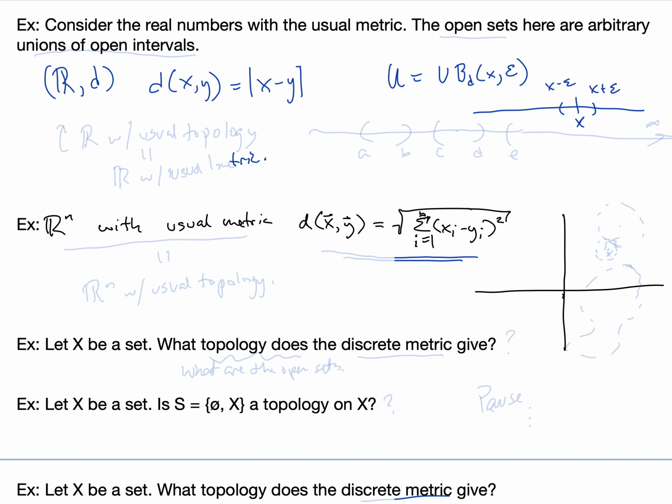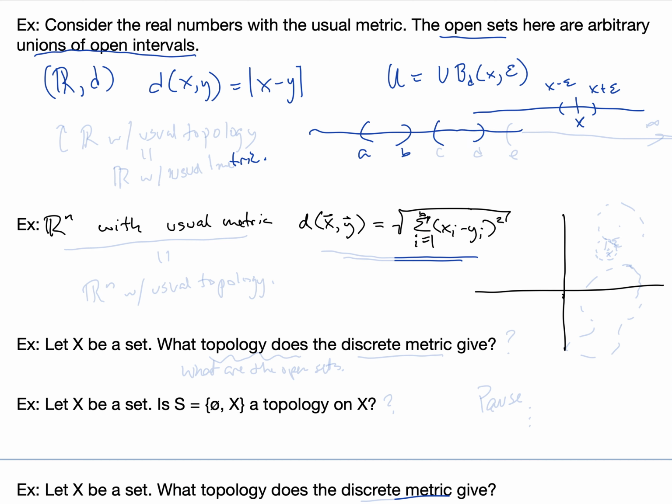Unions of things like that are open sets, and we were able to show that any open interval from a to b was an open set because we could just union a bunch of those together. Because arbitrary unions of open sets are open, the open sets in this topological space are arbitrary unions of open intervals.